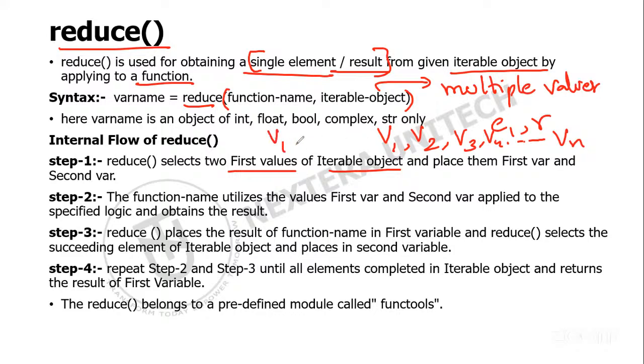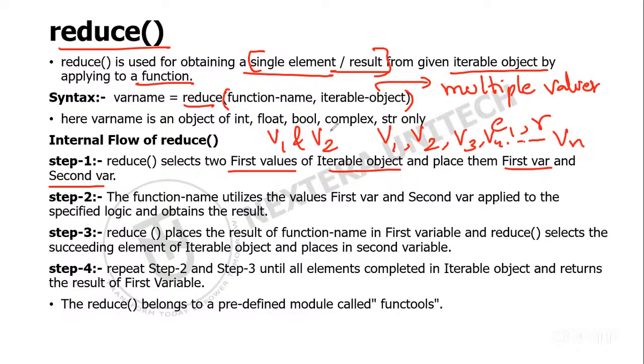That means v1 and v2 will be selected. And after selecting these values, it places them in first variable and second variable. The first value will be placed in first variable and second variable will have the second value. Then the function comes into the picture. This function utilizes the values.